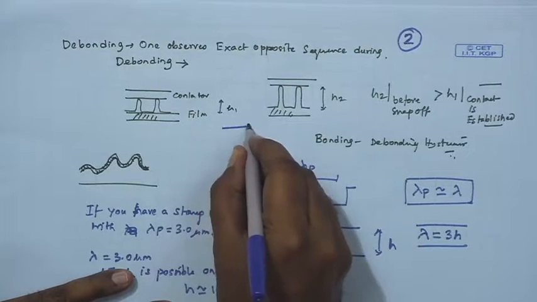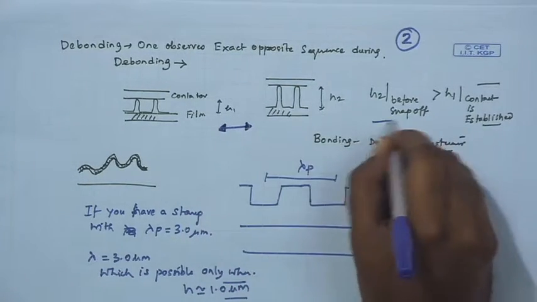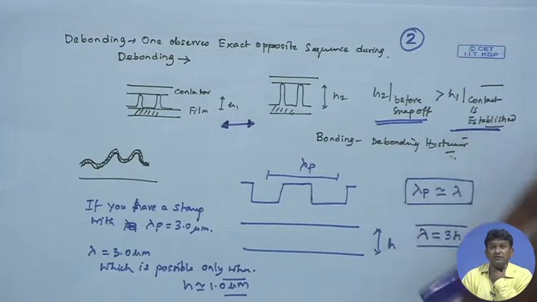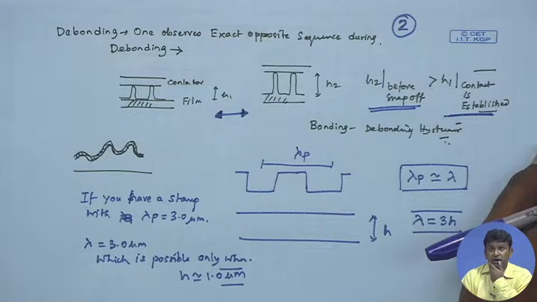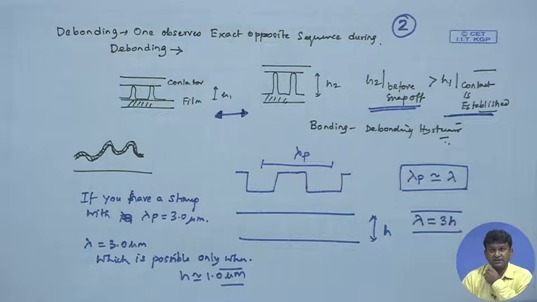The morphological transition sequence is the exact opposite of that observed during approach, but more importantly, as we discussed, during debonding there is a hysteresis, and the separation distance at which the film snaps off is in fact higher than the separation distance at which the initial contact is established.